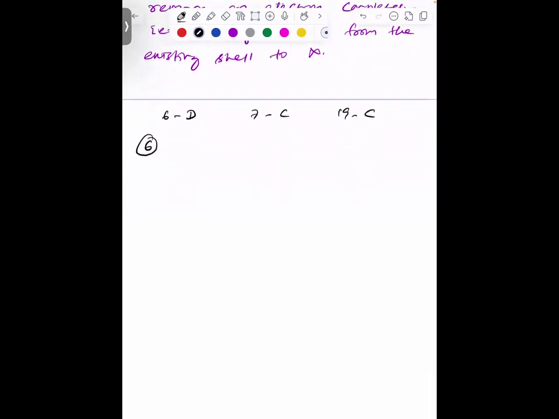Okay. Question number 6. If ionization energy for hydrogen atom is 13.6 electron volt, then the wavelength of light required for the ionization of hydrogen atom would be? Okay, so this is energy. So how to find the wavelength?